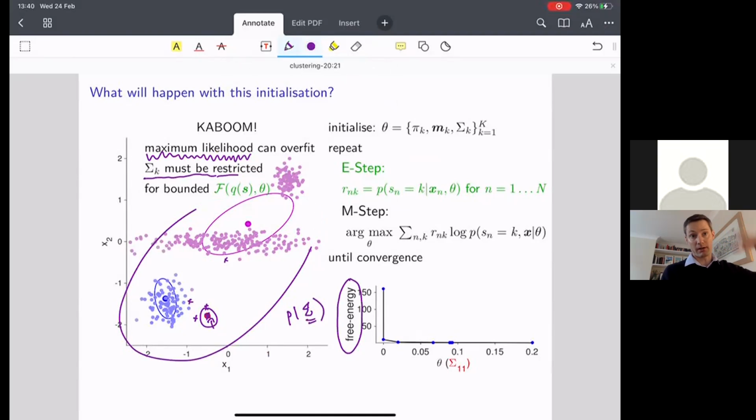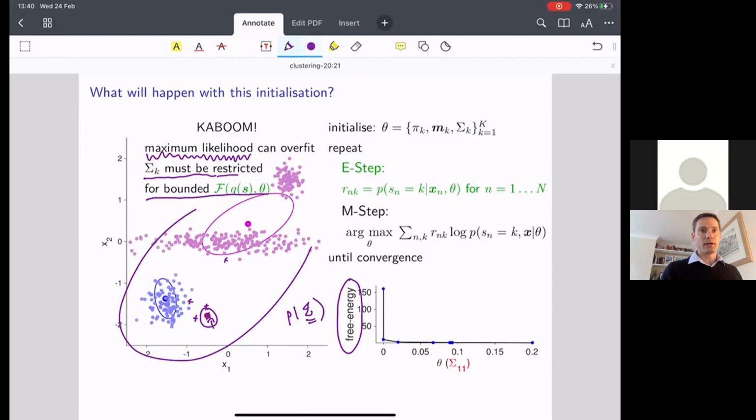So the free energy can go as high as you like, and that means the parameters are essentially diverging. If you do restrict the values of the variances, then you end up with a bounded free energy, and the system is guaranteed to converge again. It won't diverge. So that explains the asterisks I had on the association of the free energy as a Lyapunov function in the EM part of the presentation.